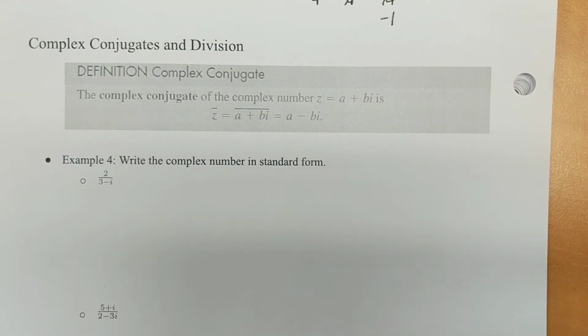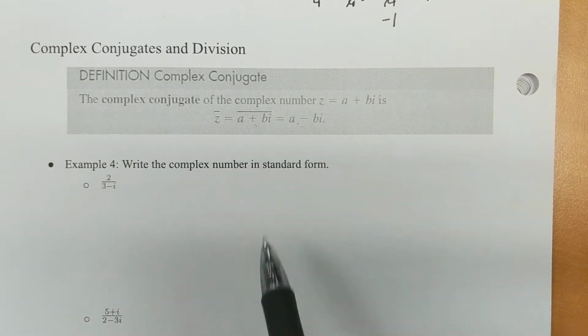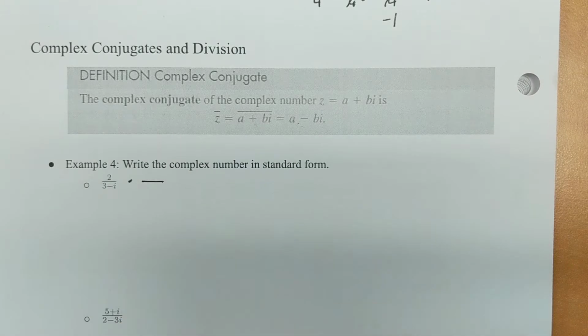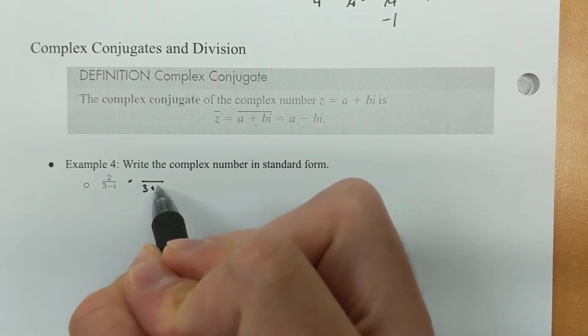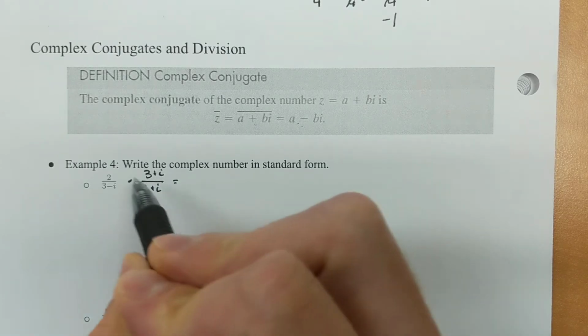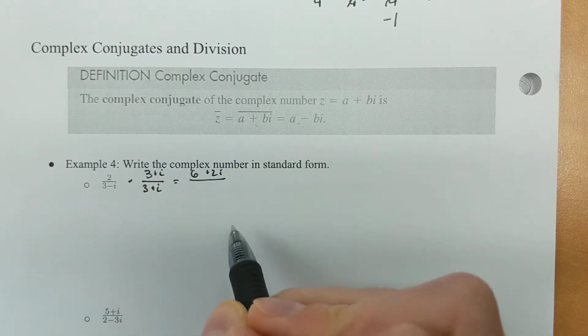All right, so to do division, we use what's referred to as the conjugate. The conjugate just has the opposite sign in between, and you multiply. What happens is the top and bottom get multiplied by the conjugate. So here I have 3 minus i, so its conjugate is 3 plus i. I do that on the top and the bottom. The top is just distributing. 2 times 3 is 6, 2 times i is 2i. The bottom is a FOIL.